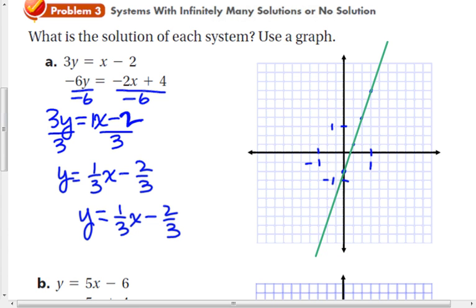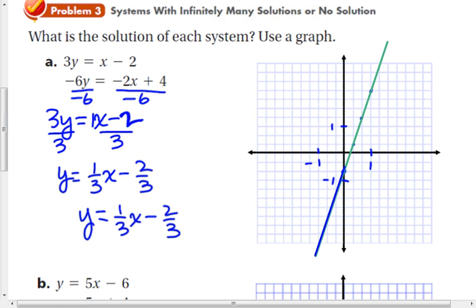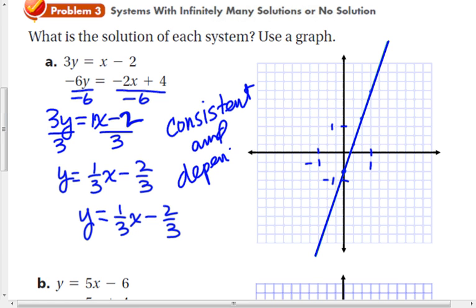We are going to end up with a system where one line is right on top of the other line. And so this is a consistent and dependent system. And there's an infinite number of solutions.